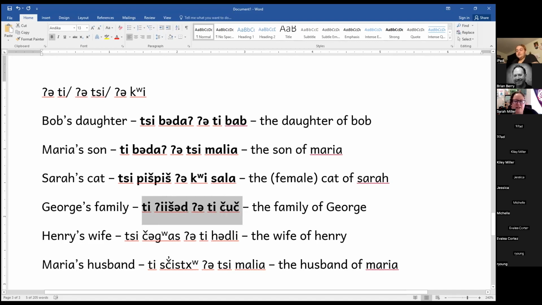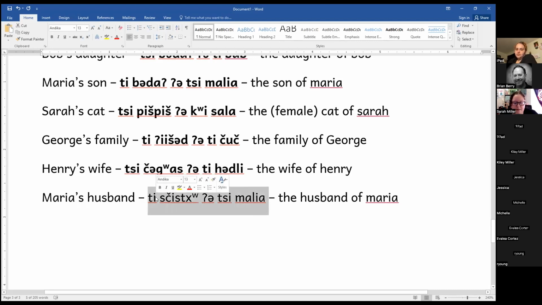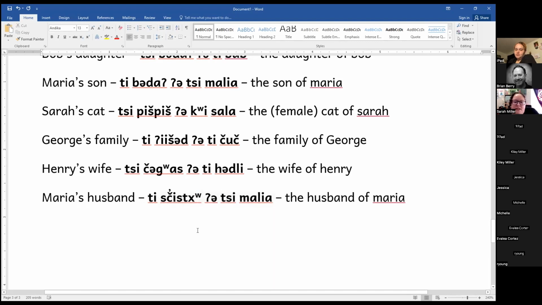Ti ishad ti chooch. And si chagwas ti Hudley. Remember that G raised W, chagwas. T east si Malia.